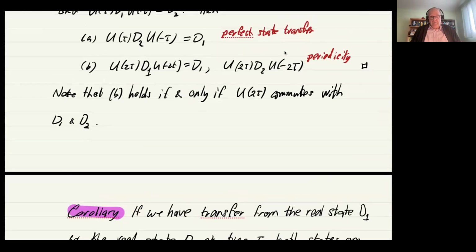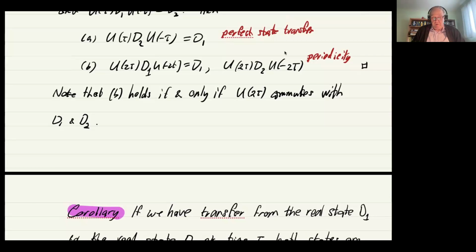So I'm looking back at it. This is our transfer condition. If I multiply on the left by E_k and on the right by E_l, then E_k's column space consists of eigenvectors for U(t), and the eigenvalue is just e^{itθ_k}.